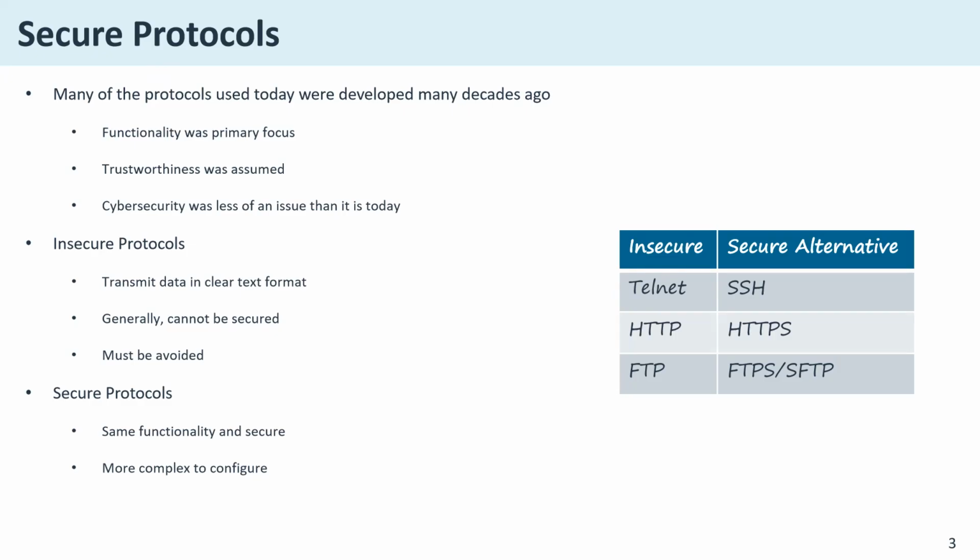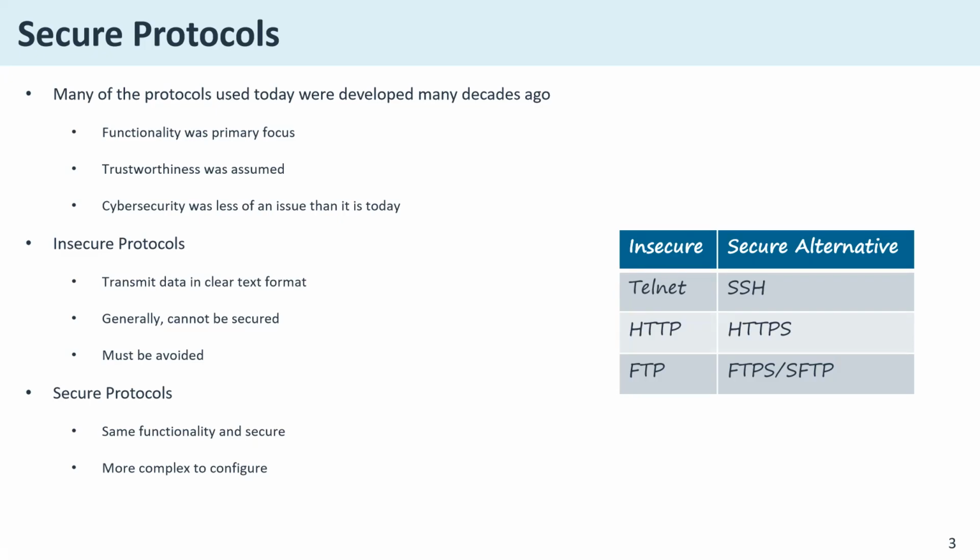Now, many of the protocols used today were developed many decades ago. Some of them in the late 80s, early 90s, during the internet age, when the internet started coming out and started having a lot of applications. As at that time, functionality was actually the key stuff, not security, because we wanted to be able to communicate, to be able to use something.